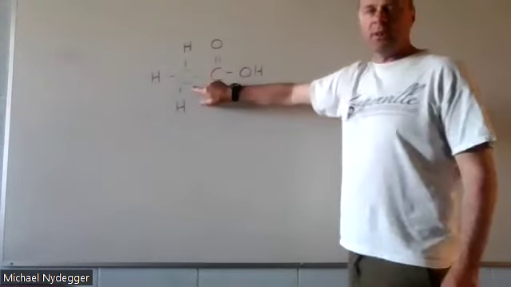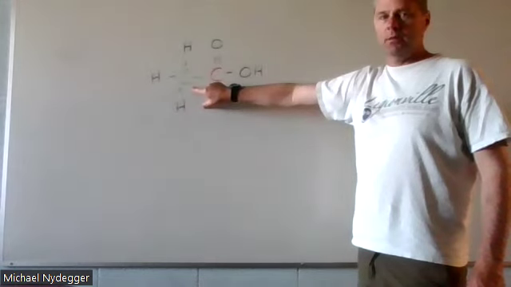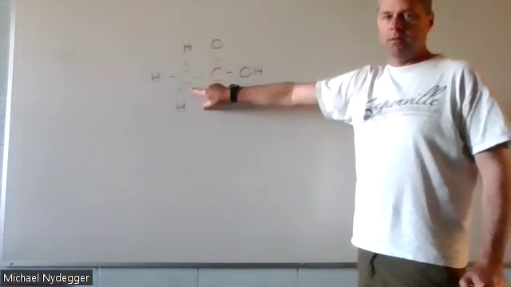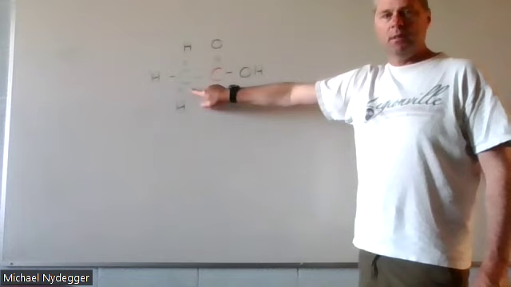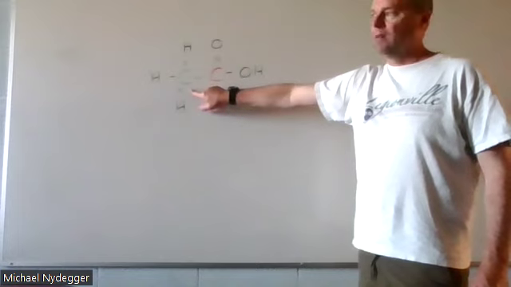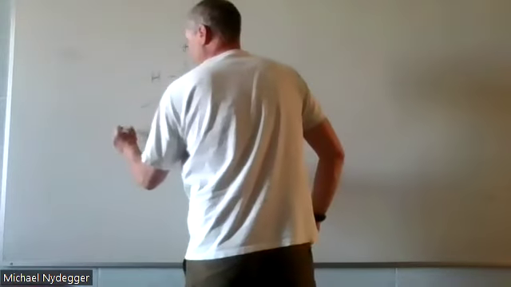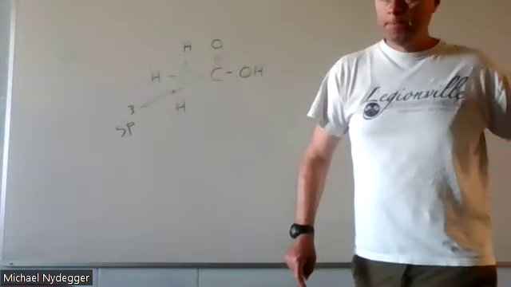What is the hybridization of this carbon? How many things are bonded to this carbon? 4. 4, exactly. So the hybridization is going to be sp3. Exactly. This is sp3. And what's the geometry going to be? Tetrahedral. Exactly.